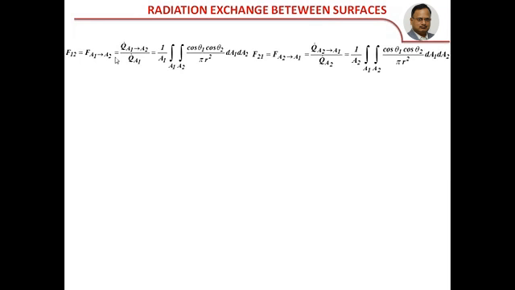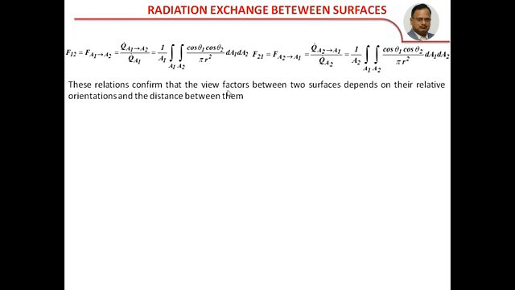So we know that F A1 to A2 is nothing but Q A1 to A2 by Q A1, which is equal to 1 by A1 times the double integral over A1 and A2 of cos θ1 cos θ2 by pi r square dA1 dA2. Or in other words, F of 2 to 1 instead of 1 to 2 is Q A2 to A1 by Q A2, which is equal to 1 by A2 times the double integral over A1 and A2 of cos θ1 cos θ2 by pi r square dA1 dA2.